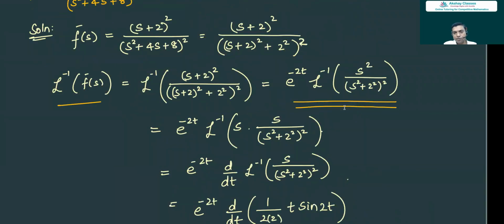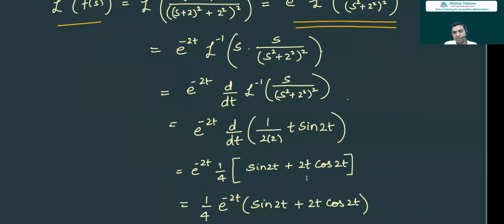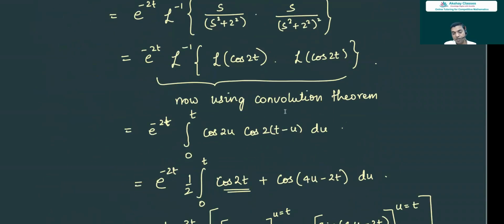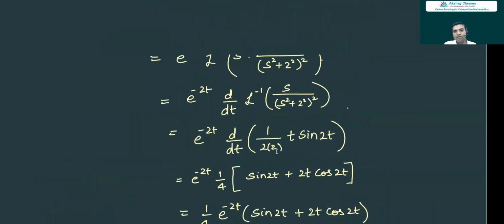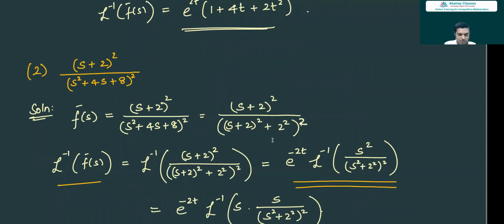Here, instead of using convolution, we manipulated this as s into s by s square plus 2 square whole square. So this is derivative, and then we had to use this formula, which we had to remember. In this, we don't have to remember that formula, but we have to remember the convolution theorem. So this is an alternative method.